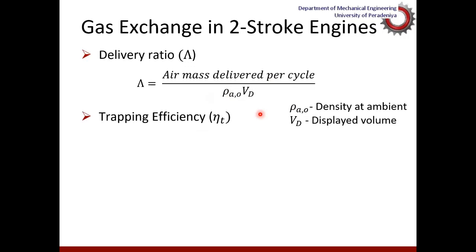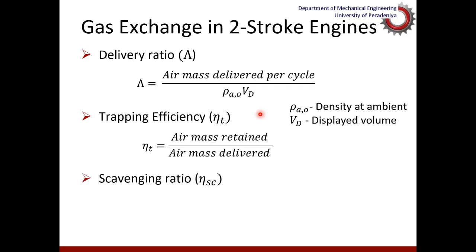And then comes trapping efficiency. Now you can see there is a greater chance of incoming air going out of the system in two-stroke engines. The trapping efficiency is defined as the ratio between mass retained in the cylinder and mass delivered to the cylinder. That is, air mass delivered to the cylinder per cycle, and how much of the air mass is trapped inside the cylinder. That is the ratio between air mass retained and air mass delivered.